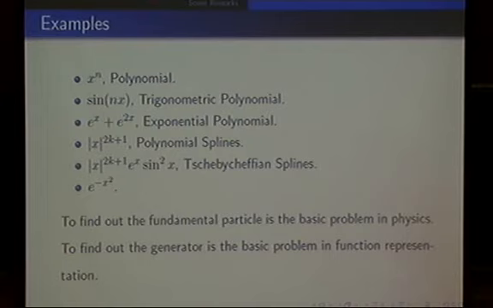If you only take the linear combination, then this is perhaps all the functions we learn. We don't learn a lot of other functions. To find the fundamental particles is the basic problem in physics, and to find the generator is the basic problem in function representation too.